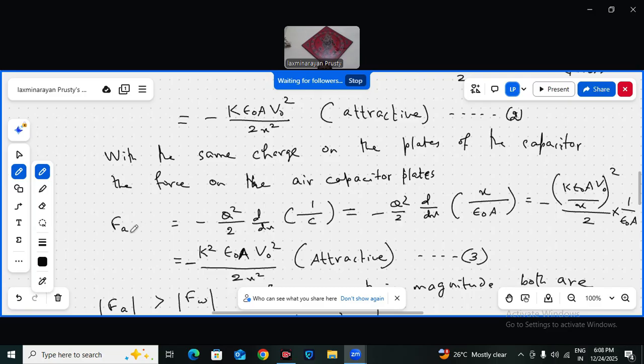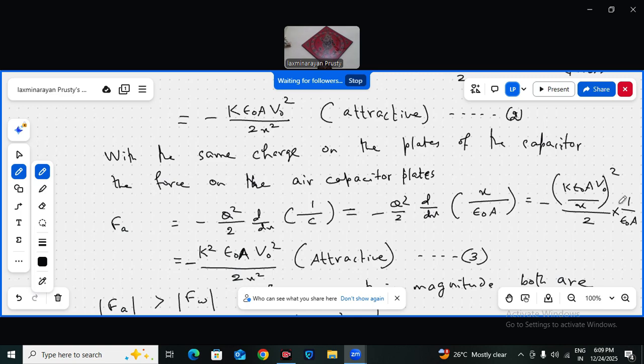So what will be the force on the plates? Same, minus Q square by 2 d by dX of 1 by C, minus Q square by 2 d by dX of X by epsilon 0 A, because in an air capacitor K is 1.